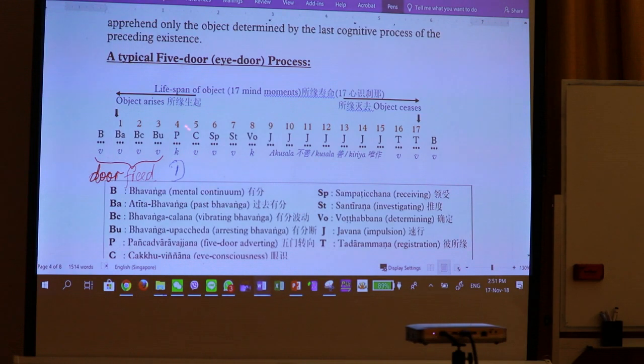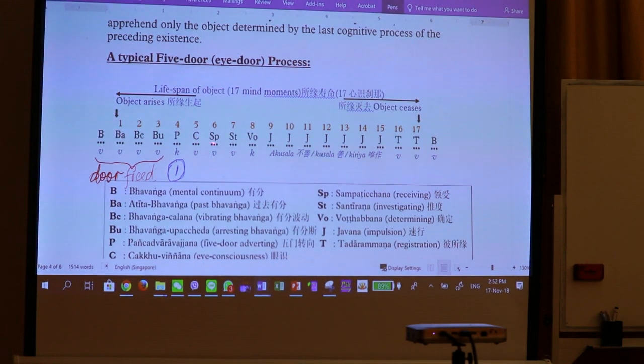Now number 5 is eye consciousness, Chakkhu. Because of a good object, a good resultant eye consciousness can appear. Because of a bad object, an unwholesome resultant eye consciousness can appear.